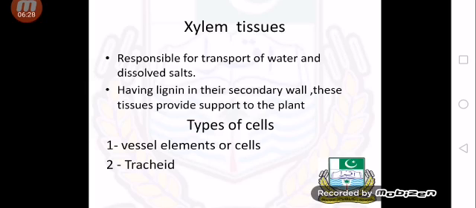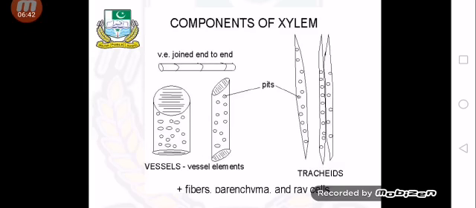There are two types of cells in xylem tissues. Number one, xylem vessel, also known as vessel element or vessel cells, and the other type of cell present in xylem tissue is known as tracheids. Here you can see the structure of xylem vessels, which are also known as vessel elements, on the left side.